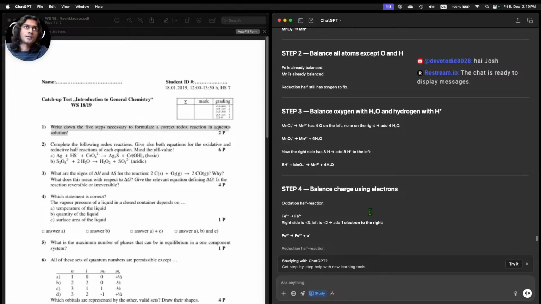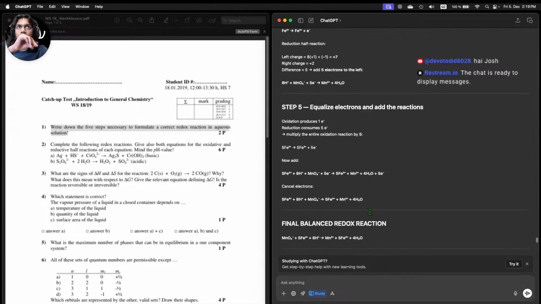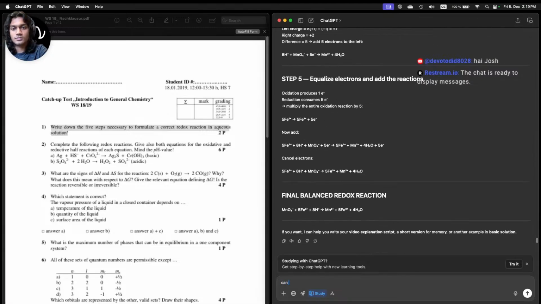Can we get an example? Oh, so weird. Can we get an example that makes use of the step?